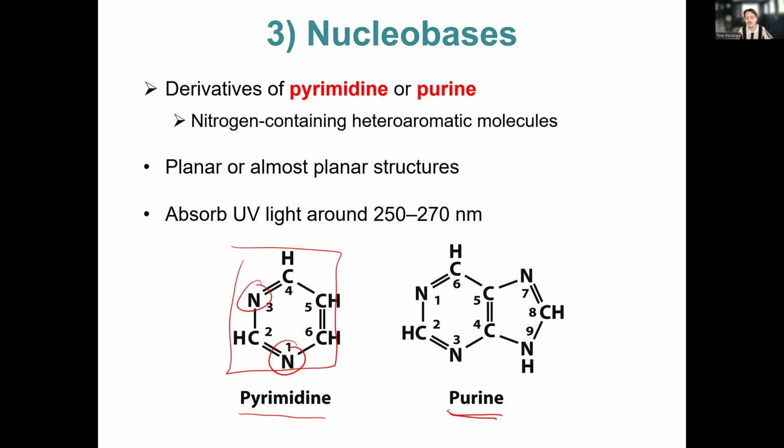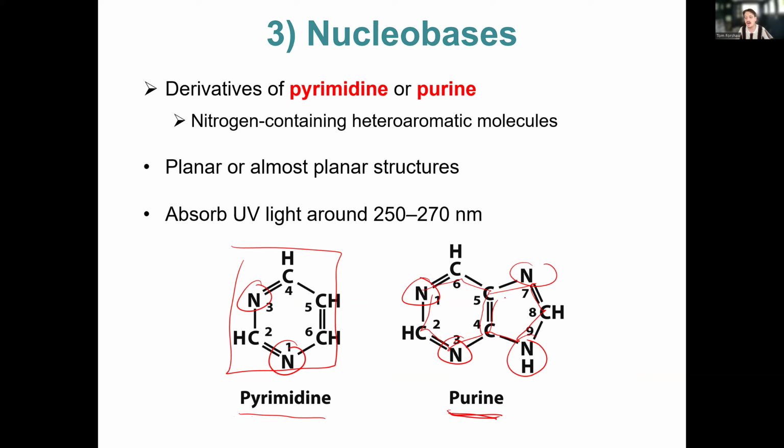Whereas purine, the shorter, more simple word, is the more complicated base. It has a nitrogen at positions 1, 3, 7, and 9. It's this 6-membered ring and this 5-membered ring attached to it, which is the structure of purine. And like I said, both of these are modified to make the different bases.